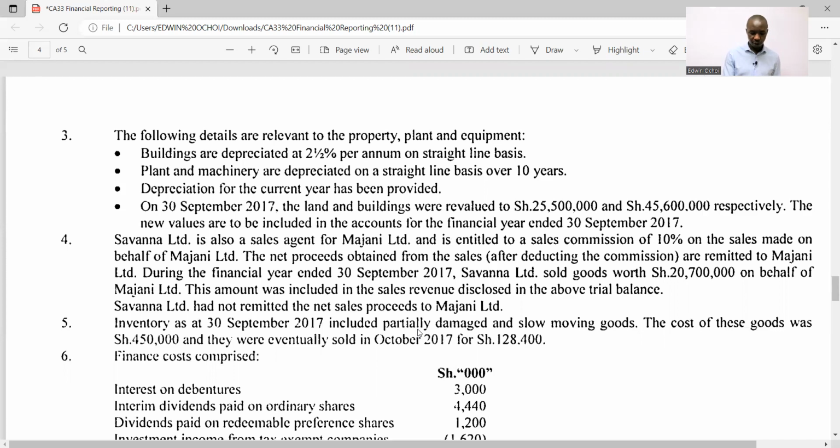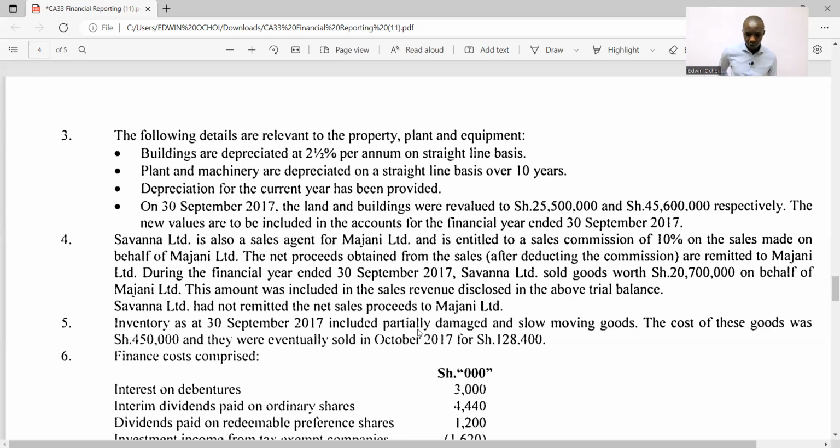Number 4, Savannah is also a sales agent for Majani and is entitled to sales commission of 10% on sales made on behalf of Majani Limited. The net proceeds obtained from the sales after deducting the commission are remitted to Majani Limited.